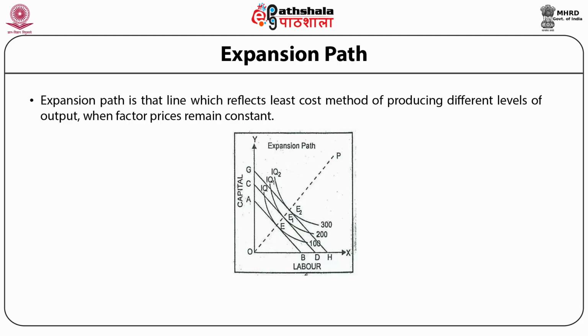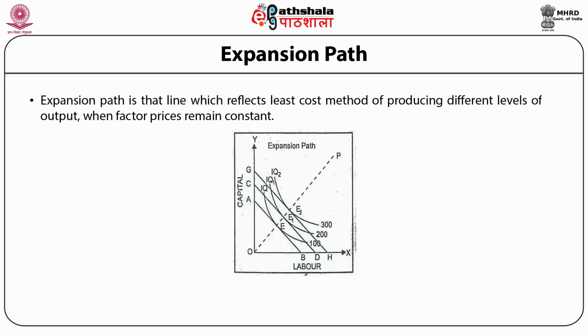The initial isocost line of the firm is AB, which is tangent to IQ at point E, the initial equilibrium of the firm, supposing the cost per unit of labor and capital remains unchanged, but the financial resources with the firm increase. Consequently, the firm's isocost line shifts to the right as CD, as it is able to deploy more inputs.